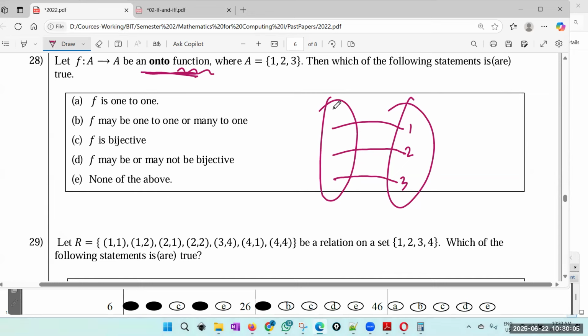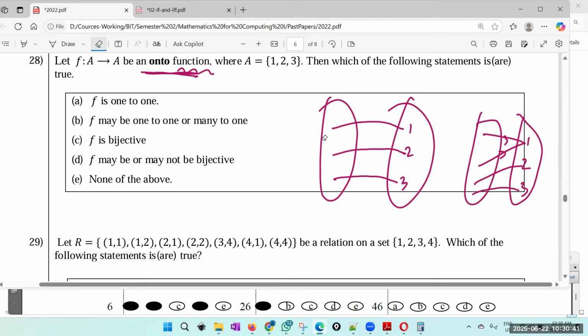You can't have orphan values here because it is a function, and no orphan values here because it's an onto function. There are some more possibilities. It can be many to one, and still be a function, because many to one are also functions. One to many are not functions. And it is an onto function because all the values are met.